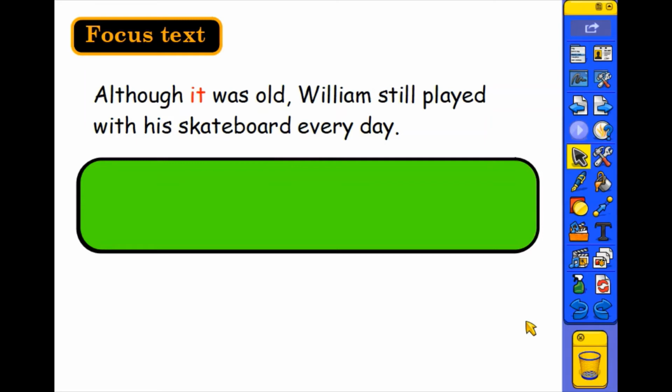Now it comes in early in this sentence. It comes before the noun that it refers to, but we can still work it out within the sentence. It's absolutely clear what it's supposed to be. So this pronoun is referring to skateboard.